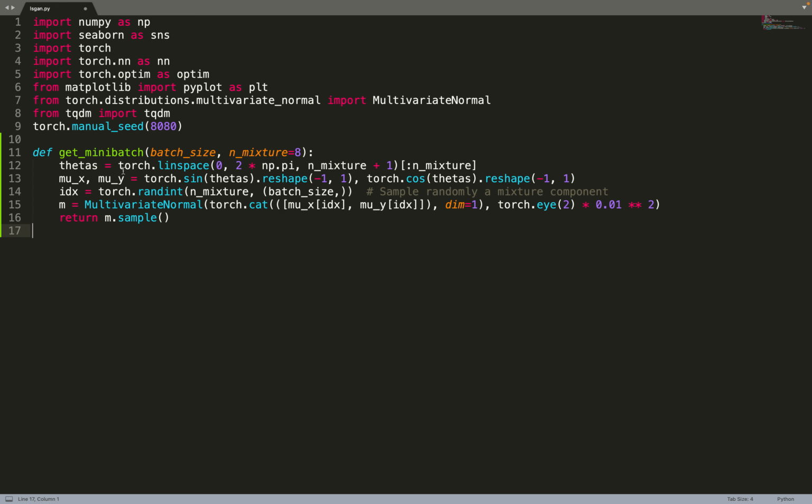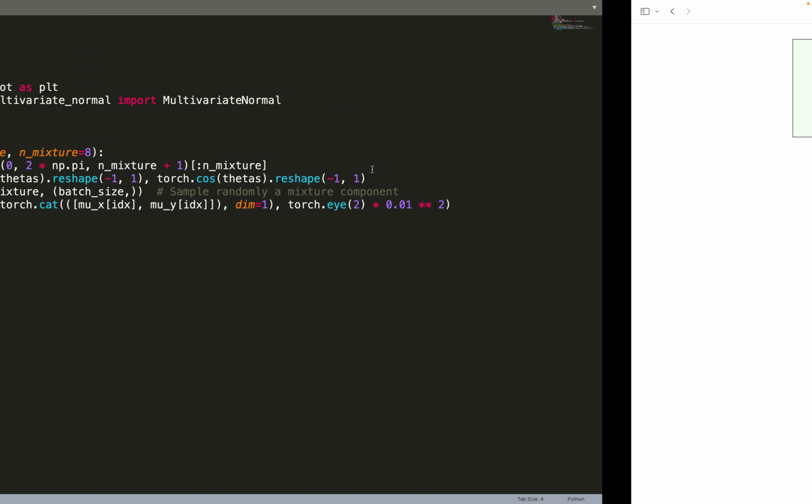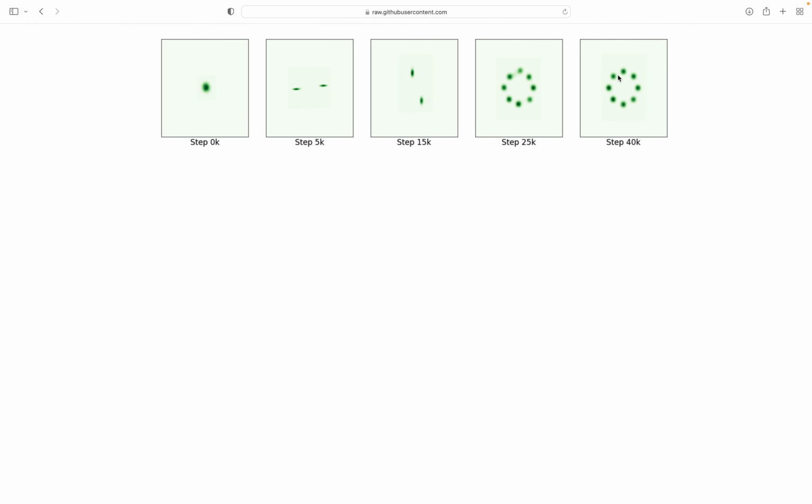So the first thing to do is to create the 8 mixtures. We sample theta between 0 and 2 pi, and we sample 8 mixtures, so 8 plus 1, because if we go to the paper, we can count them: 1, 2, 3, 4... Okay, so there are 5 of them.